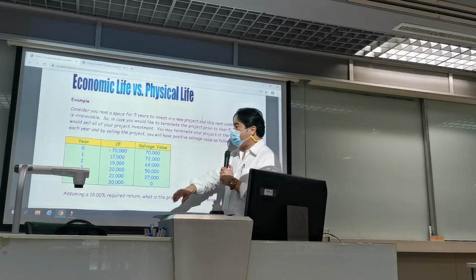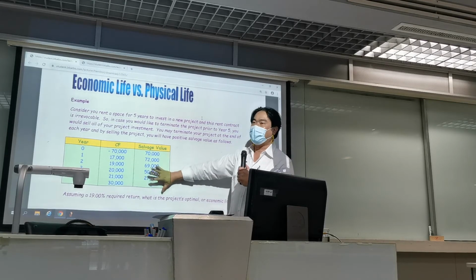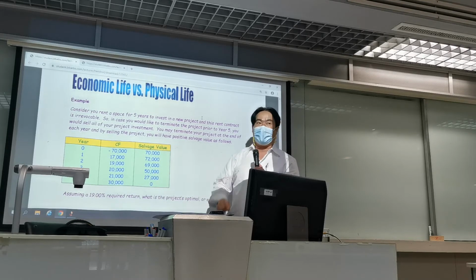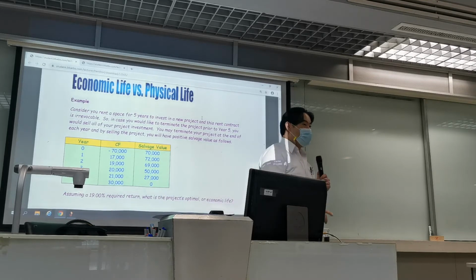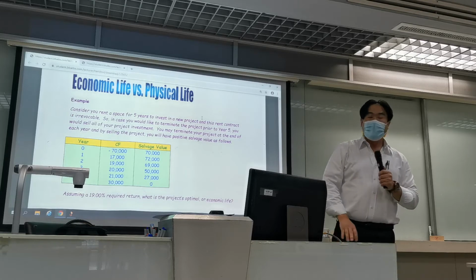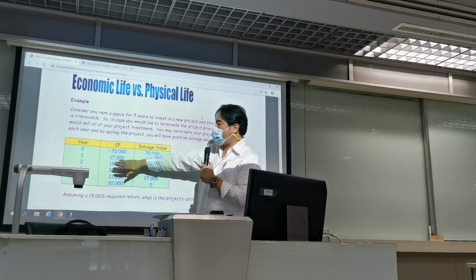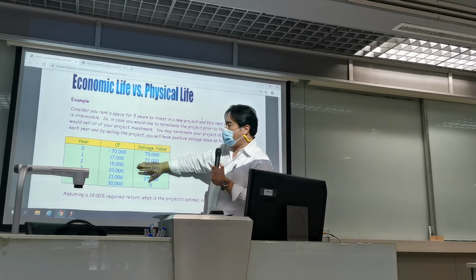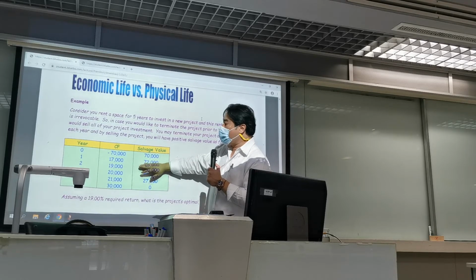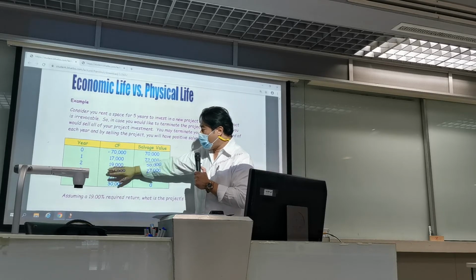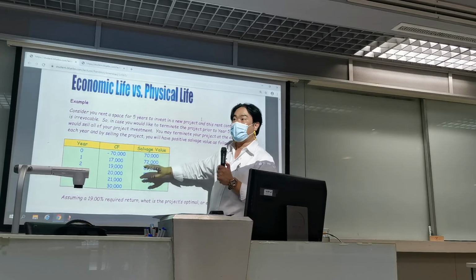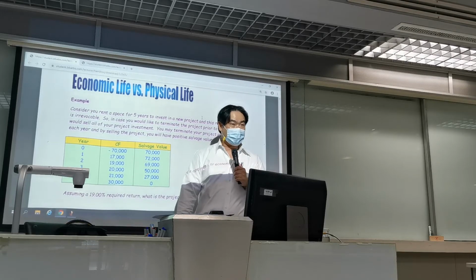And let's assume the salvage value in the next column. This is the market value or proceeds you get from each year that you sell the project. In case you sell your project in year 1, you are going to get 72,000. In case you sell your project in year 2, you are going to get 69,000, like this.